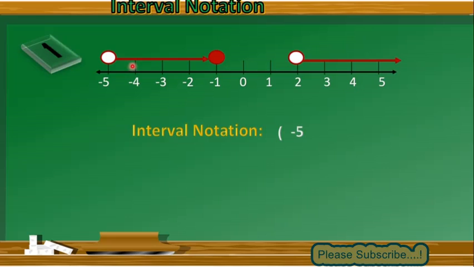Then negative 5, comma, negative 1, bracket. Why bracket? Because it is a closed circle. Then union, open parenthesis, then 2, comma, positive infinity, parenthesis.